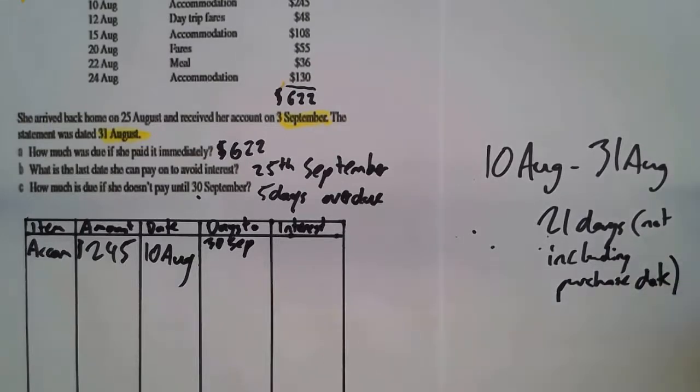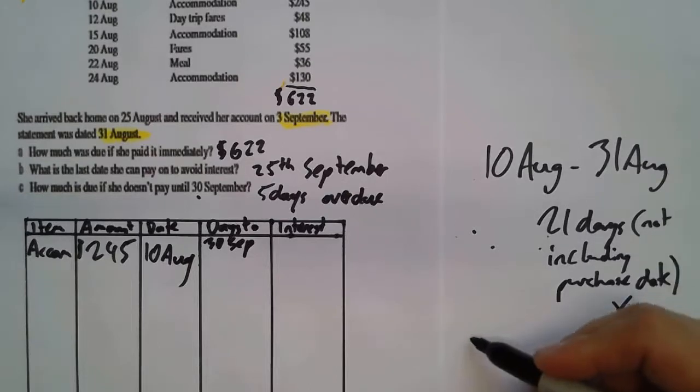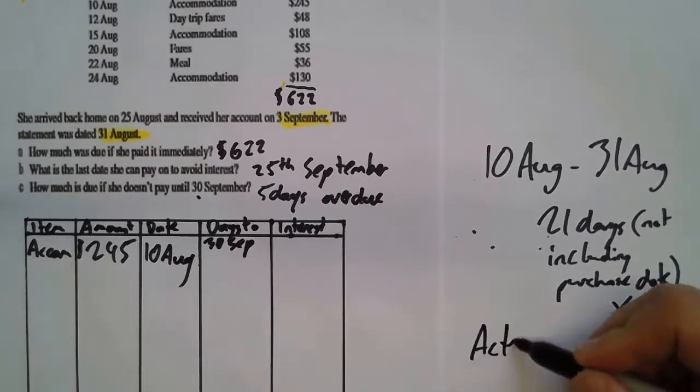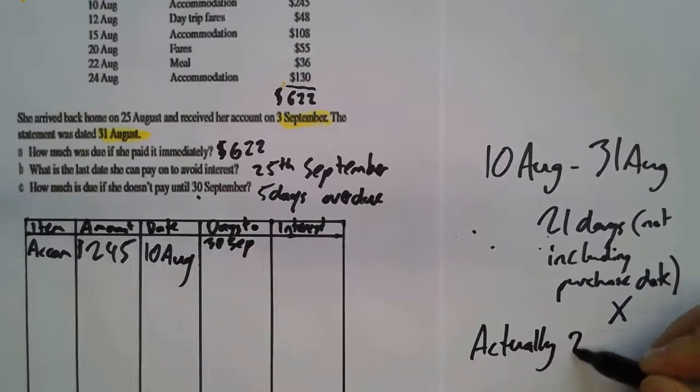You would be a day short because credit cards use the day of purchase as well. So do your takeaway, 21 days, and then add on a day to include the purchase date. So that is actually 22 days in the eyes of the credit card.